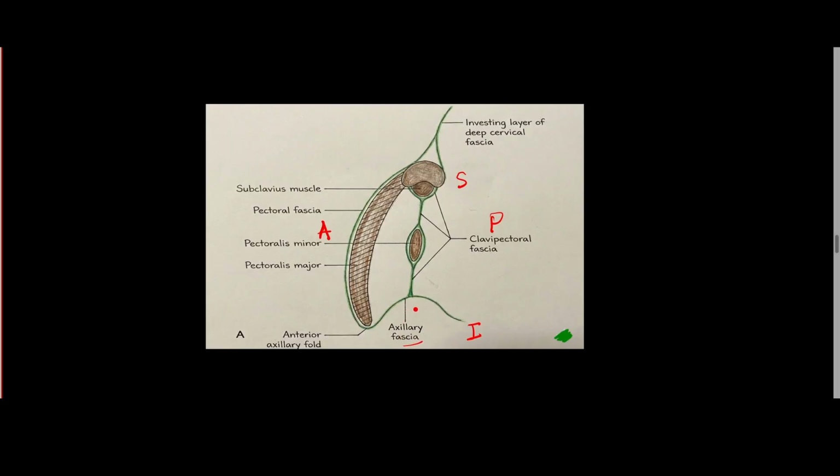Okay, now it's very important to note that the whole of the base is bounded anteriorly by the anterior axillary fold, and posteriorly by the posterior axillary fold. So somewhere here should be the posterior axillary fold, and medially by the lateral part of the chest wall.